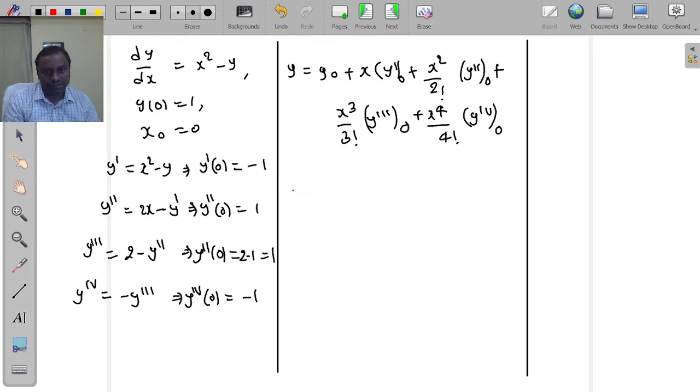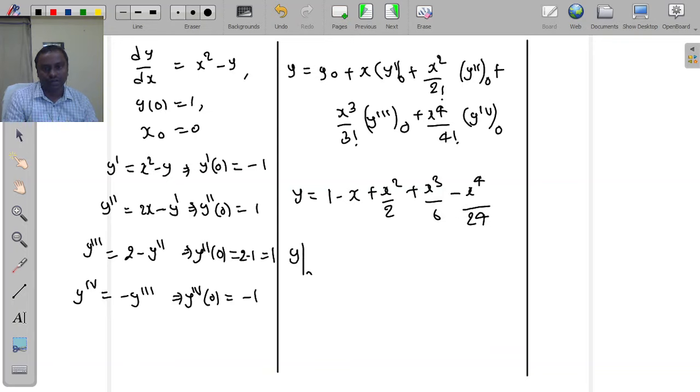When you substitute all these values, it will become 1 minus x plus x square by 2, plus x cube by 6 into 1, minus x raised to 4 by 24.